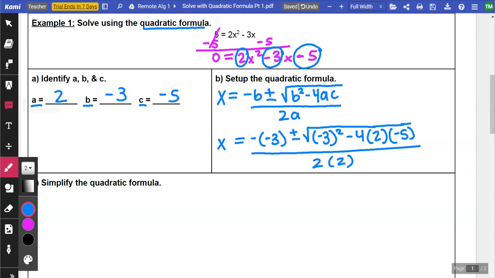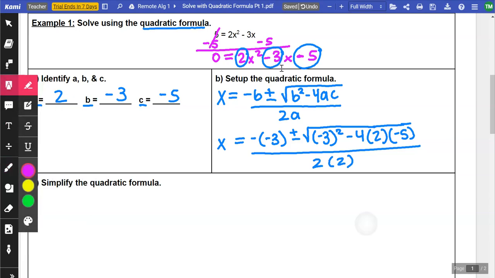So notice I replaced a with 2, I replaced c with -5, and I replaced b with -3.